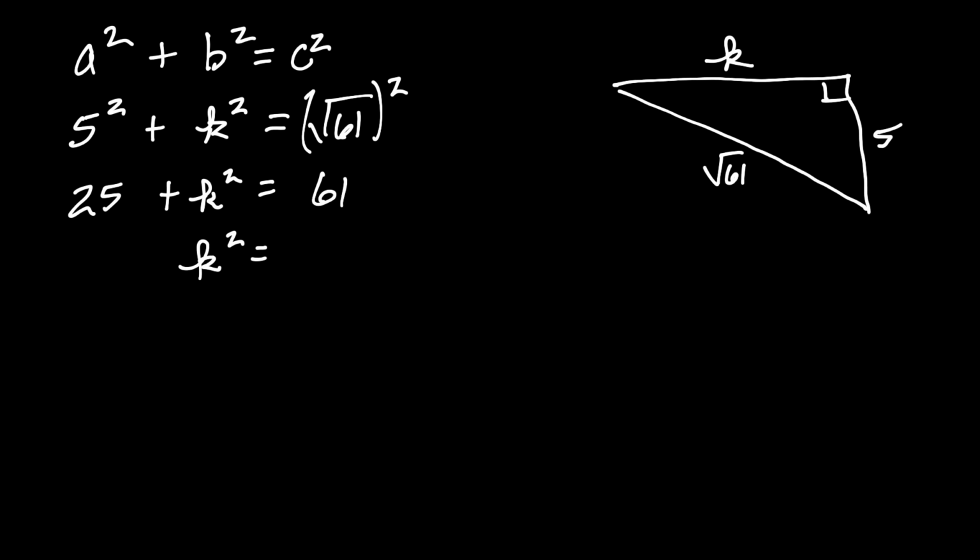If I subtract 25 from 61, I get 36. So this does have a perfect square. So when I take the square root of each side, I get k equals the square root of 36, or k equals 6. So there is our solution to this one.